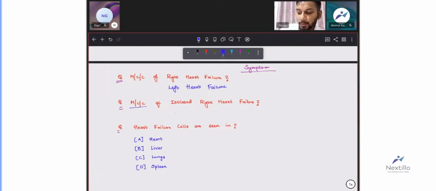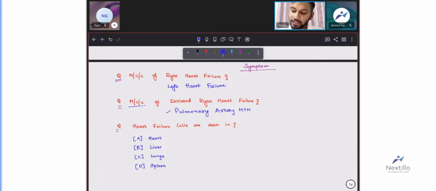It is pulmonary artery hypertension. If the blood pressure of the pulmonary artery is increased, the filling pressure in the RV will increase, causing an increase in RVEDP. So the second answer: the most common cause of isolated right heart failure is pulmonary artery hypertension.